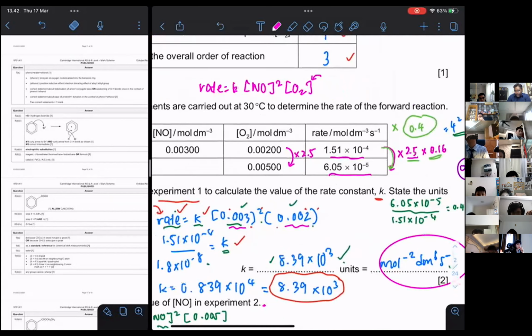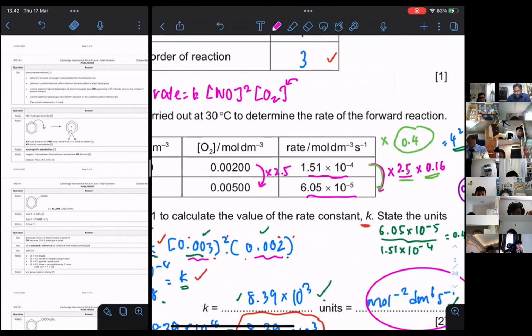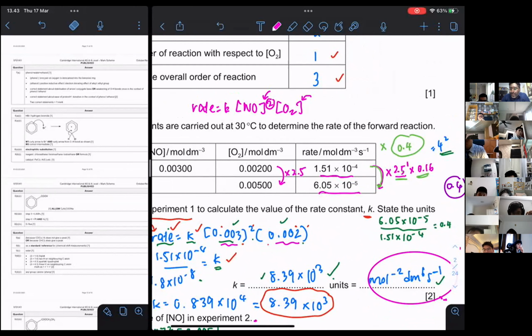Now, if you look closely at 0.16 and we look at this NO, this is second order reaction. Now, 2.5 to the power of 1. Let's actually change 0.16 to the second order reaction. What to the power of 2 gives you 0.16? Giuliano?